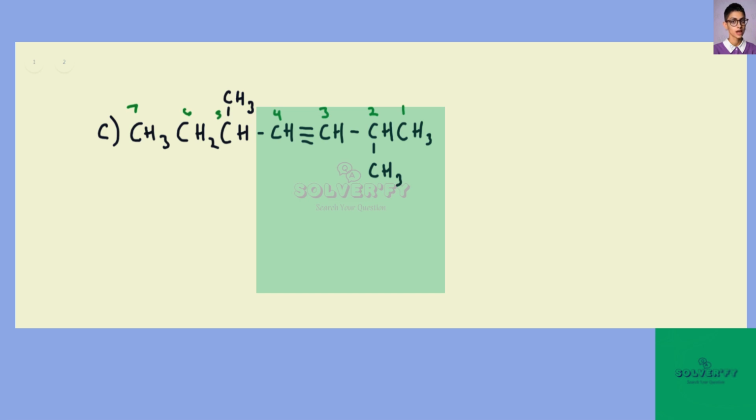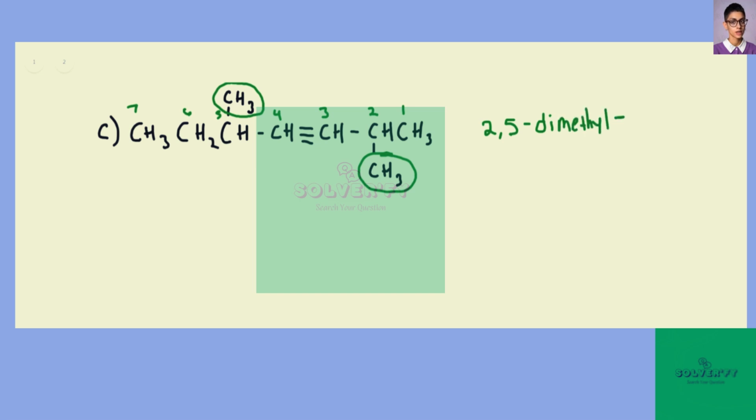And then I need to look for any substituents. There's a methyl right here off the second carbon, and there's another off of the fifth. So I'm going to say my substituents are in the second and fifth position. There are 2 of them, 2 methyl groups, so I'm going to say dimethyl.